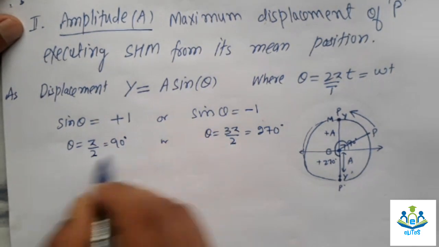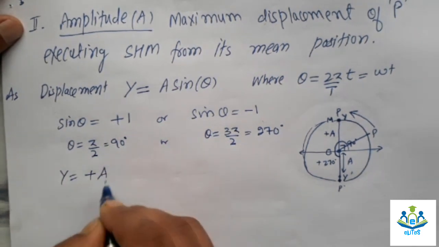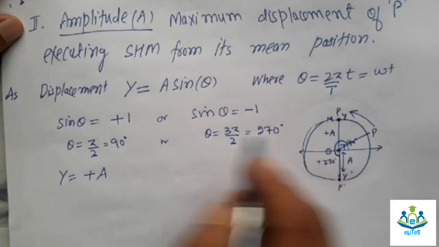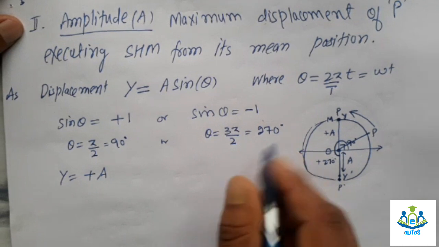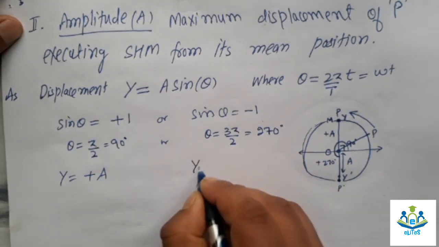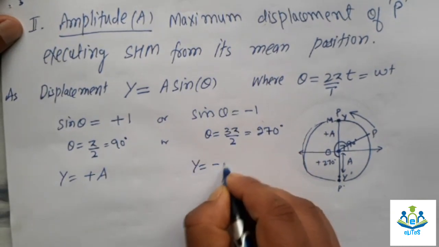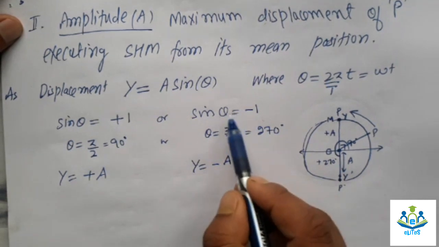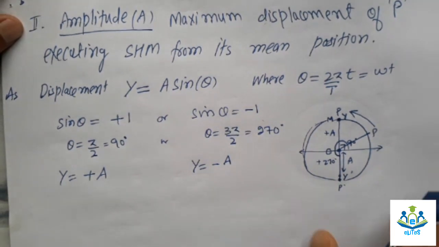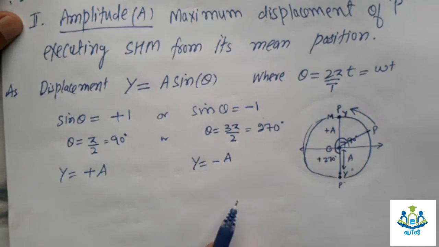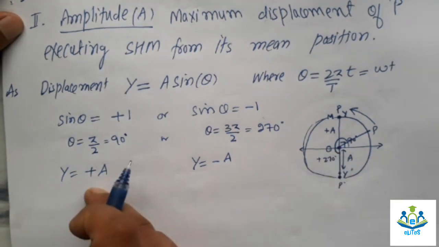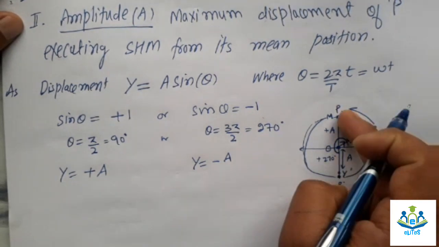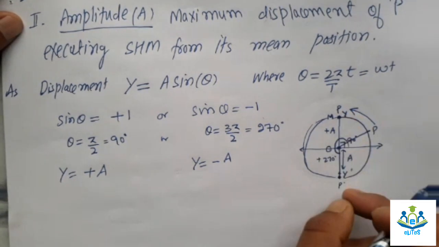When theta is pi by 2, y is plus a, and the position of the particle will be P. When theta is 270, y will be minus a, because sine of 270 is minus 1. So the amplitude is either plus a or minus a, at Y or Y dash.